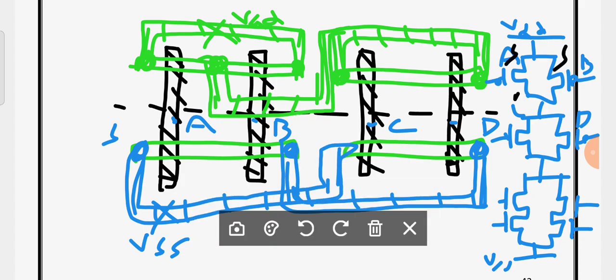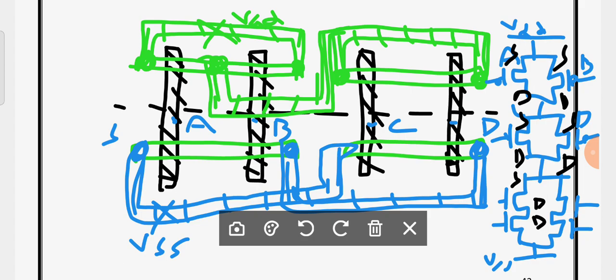Now we completed source connection, drain connection, and source connection, drain connection, and here also this is source, this is drain, this is drain, this is source, we completed that. And here source, is it clear? And it becomes drain. Sorry for that, I wrongly mentioned.